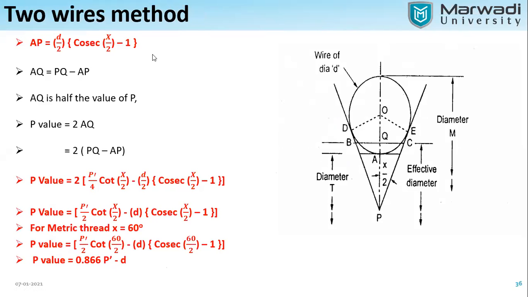So as we got the value of P, our final effective diameter will be E is equal to P plus T. And the value of T can be found out by using the final measurement done by the micrometer.